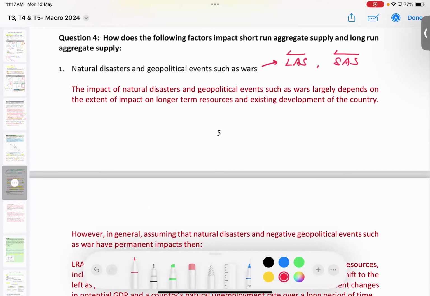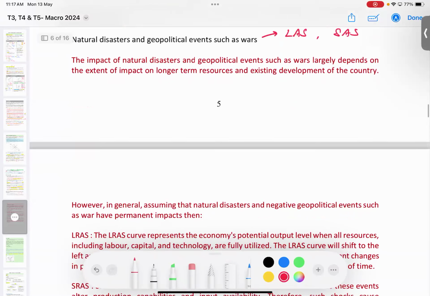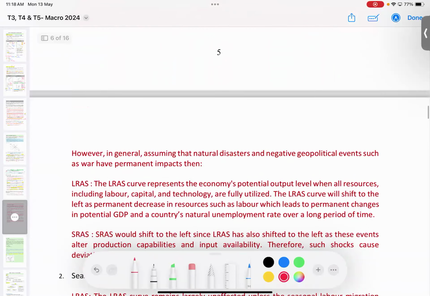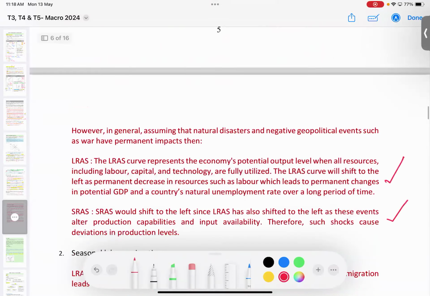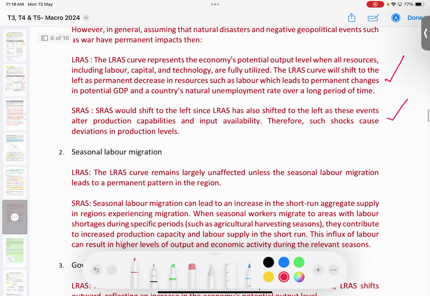Okay, so therefore you can see the explanation here. The LRAS curve will shift to the left because of the permanent decrease in resources.